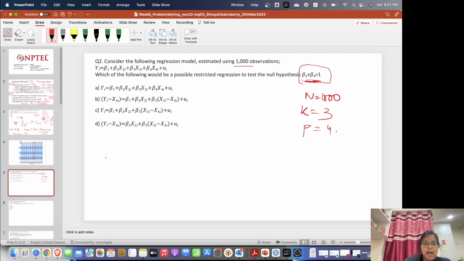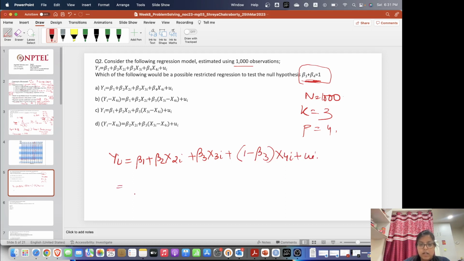So what we would have is yi equals beta 1 plus beta 2 x2i plus beta 3 x3i plus, instead of beta 4, I am going to write 1 minus beta 3, x4i plus ui.